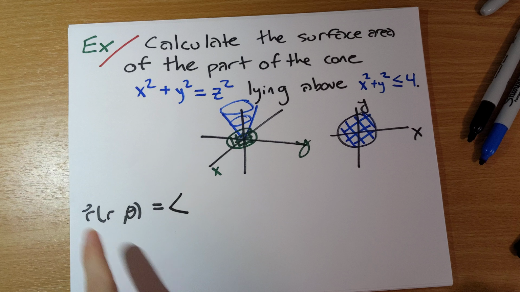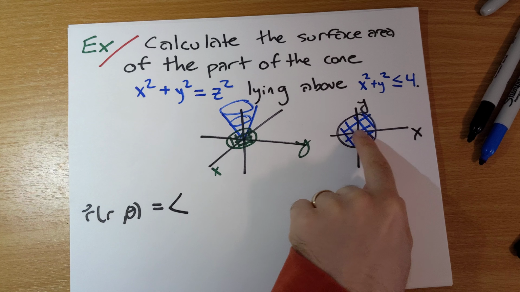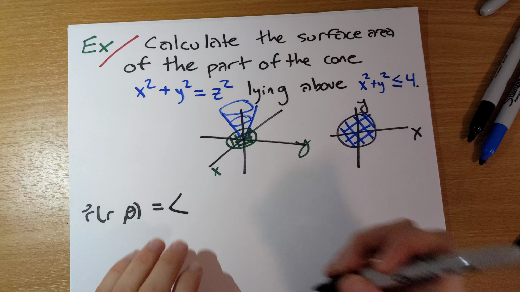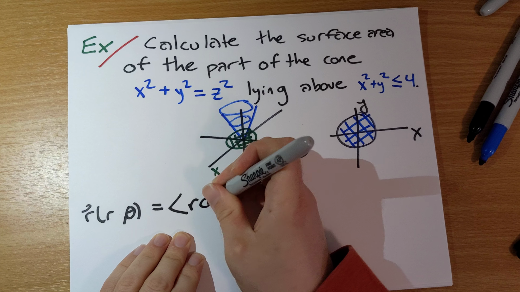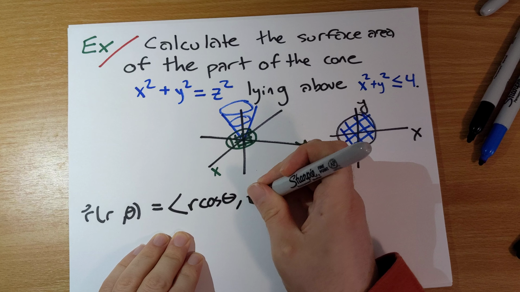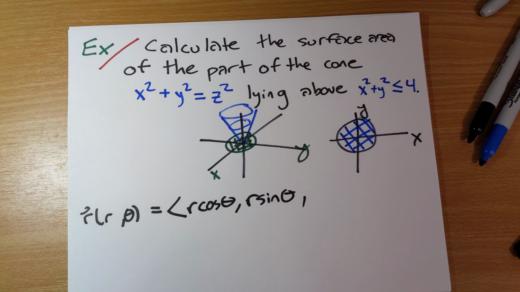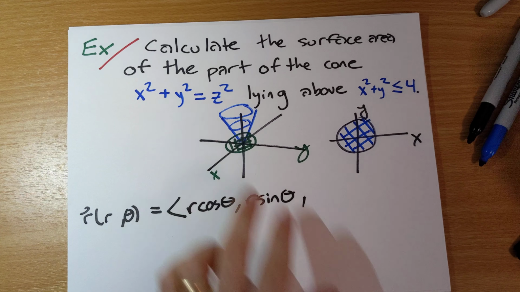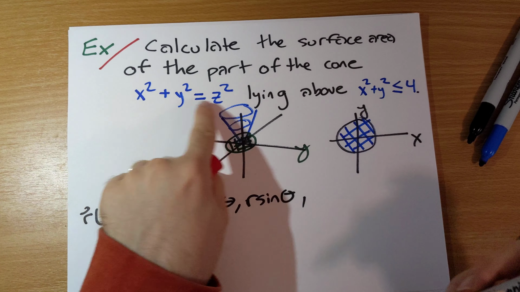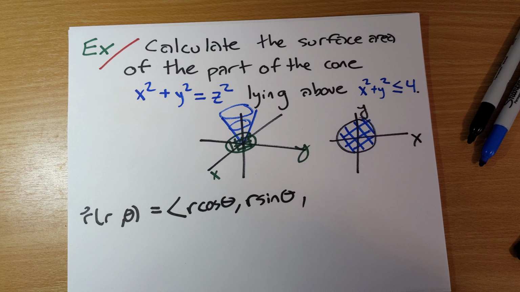So how do we do this? R and theta, well, x and y are going to be the usual r cosine theta and r sine theta from polar coordinates. Now, how about the z component? Well, x squared plus y squared is equal to z squared.